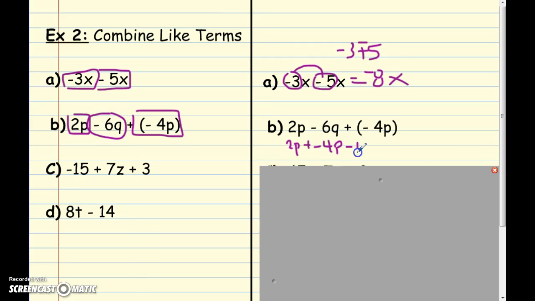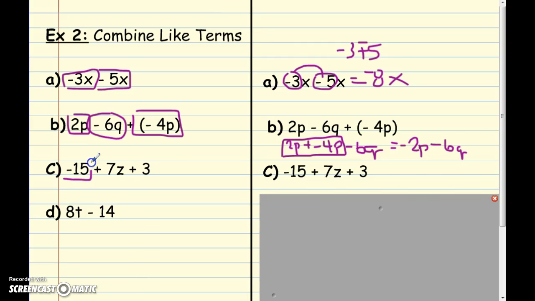The other term in here is a -6q, so I'm going to put that over here all by itself, and then we can treat this part of the problem exactly like example A. And so 2 plus -4 becomes -2p. As I've already said, we can't do anything else with that -6q, so it's going to hang out here at the end of this algebraic expression.